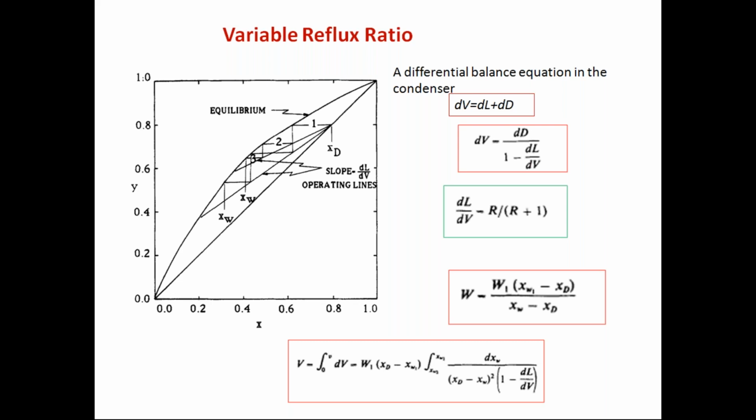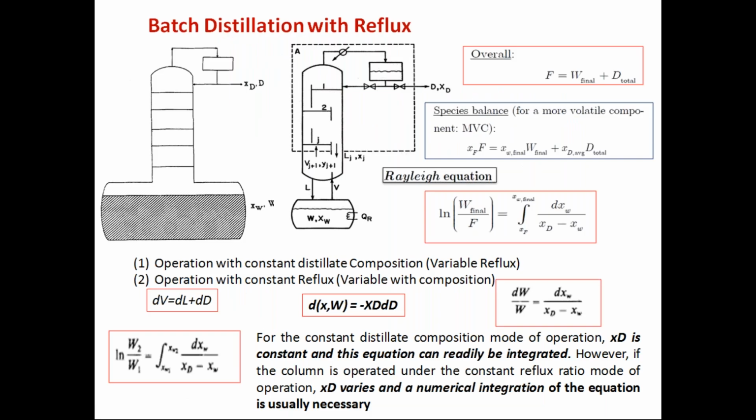You can also employ controllers to keep xd constant. For example, if xd is constant and you find any variation in xd, what should change? The L should change, so the reflux ratio should change, such that it may decrease to keep xd constant. Then install a controller here.